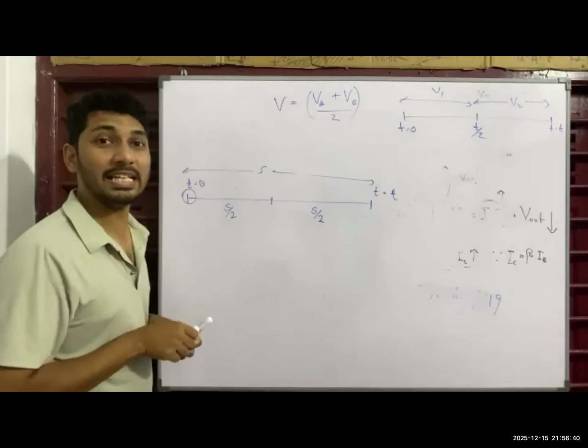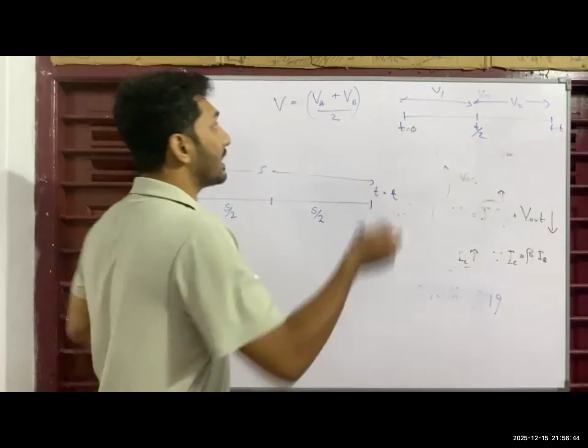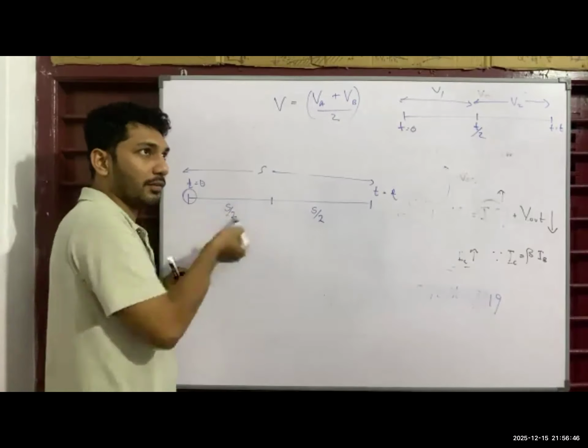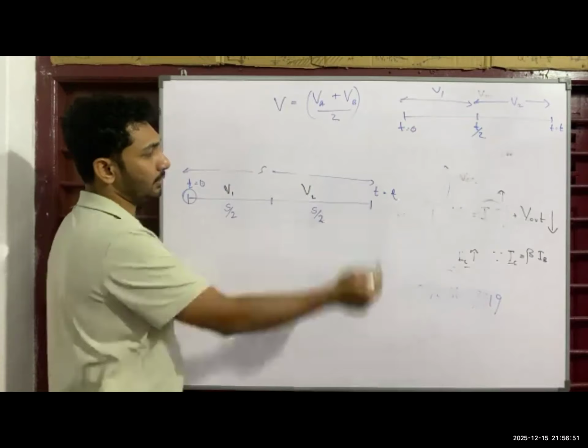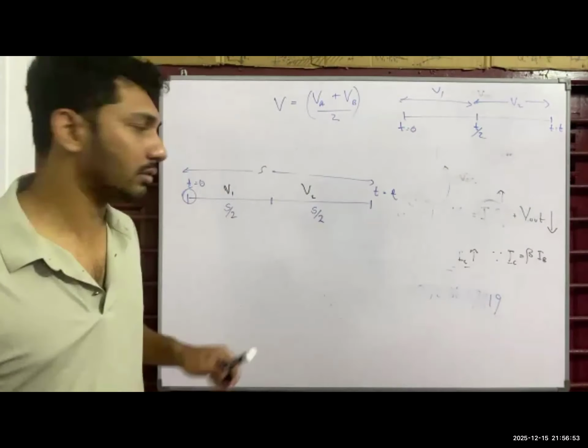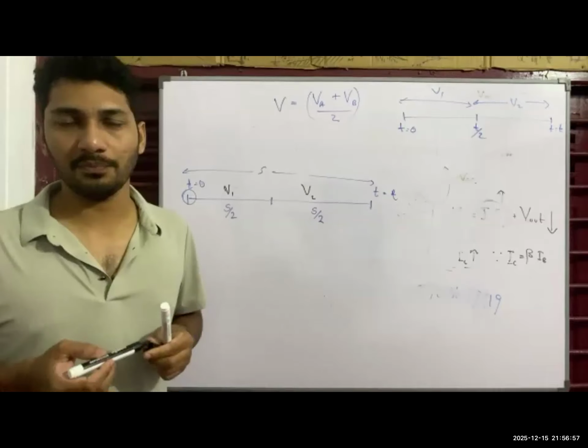First half of the distance, here I said first half of the time, there is v1 velocity. But here the first half of the distance is v1, second half of the distance is v2 velocity. Throughout this is the velocity.